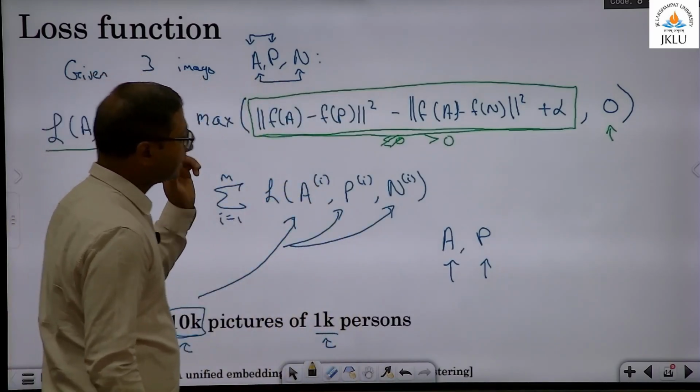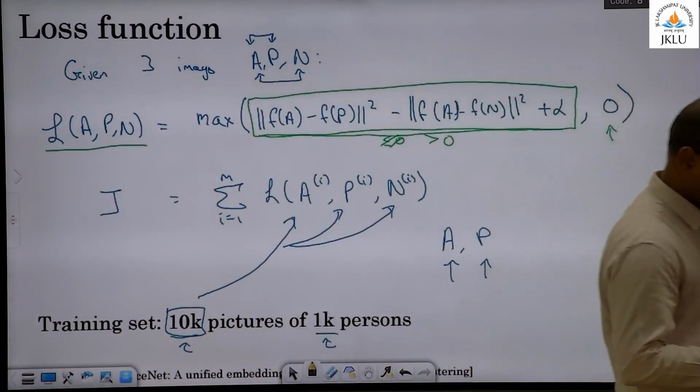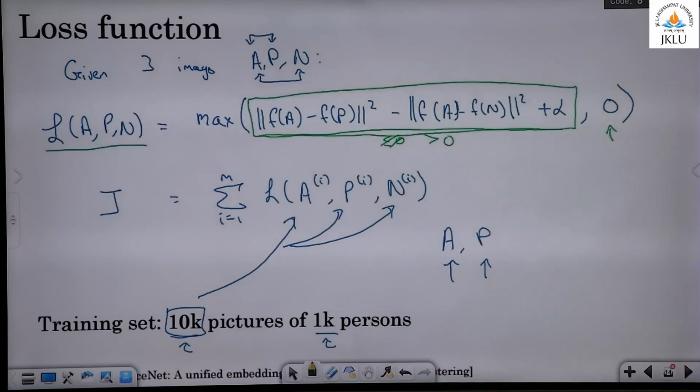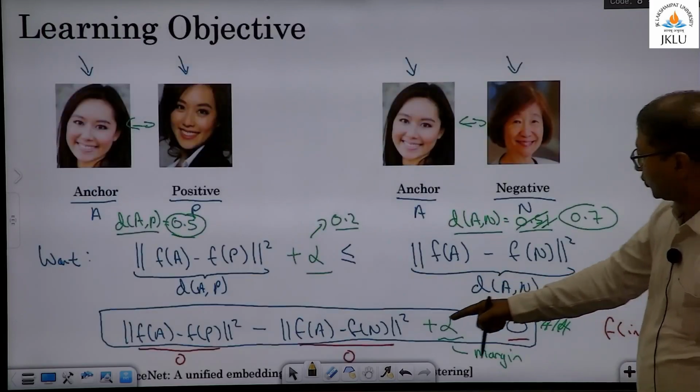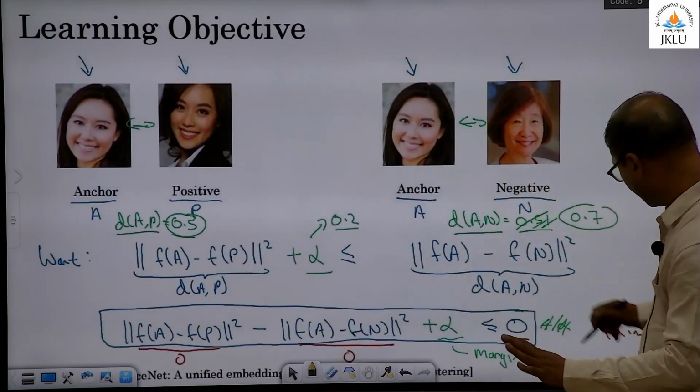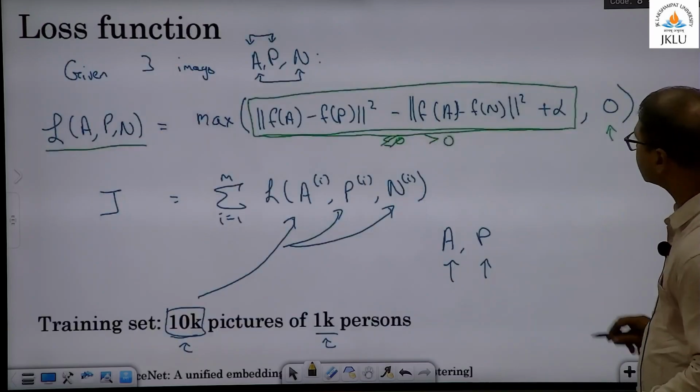So why this loss function again? See, this quantity is same as what we had written before here. Okay. So we understand this from the previous class.